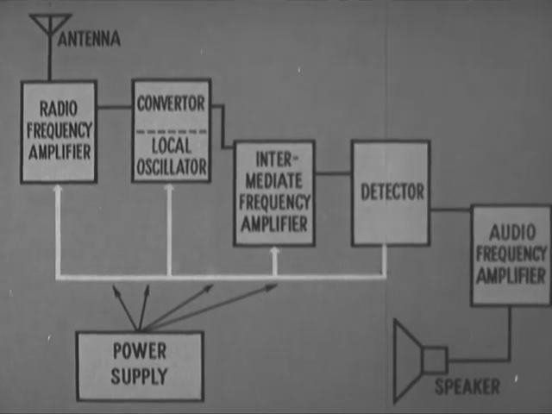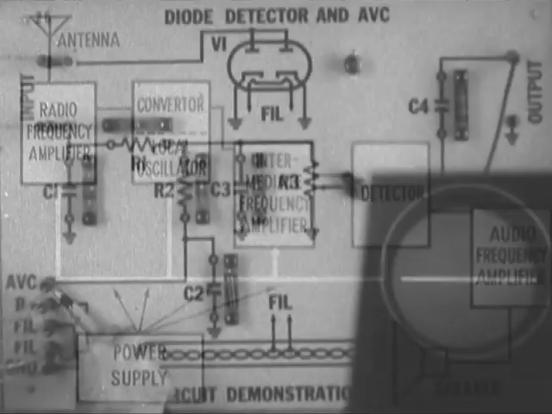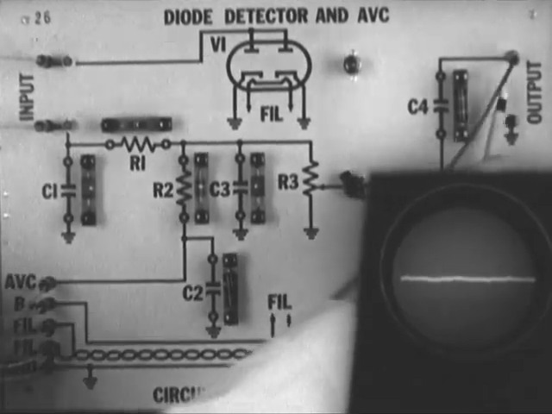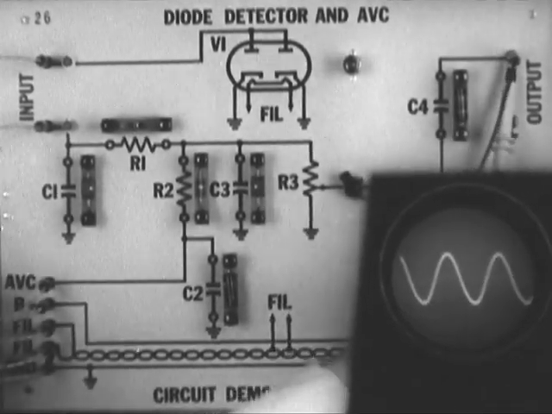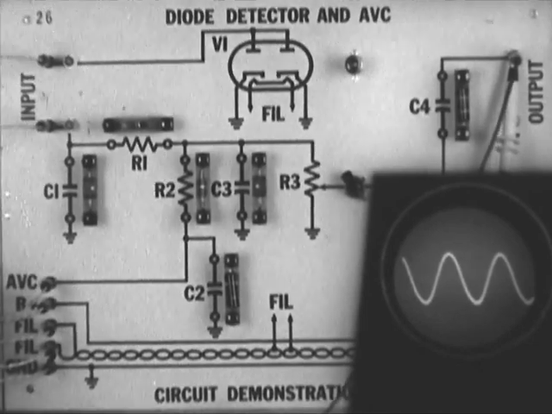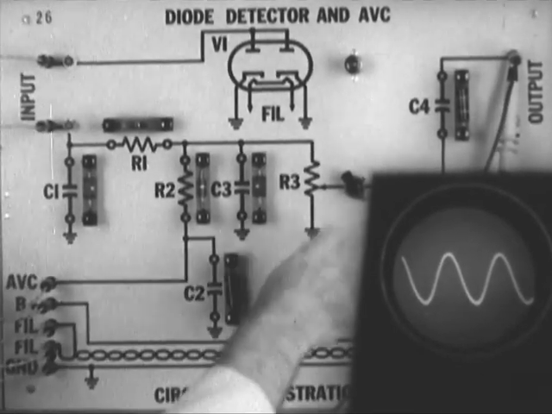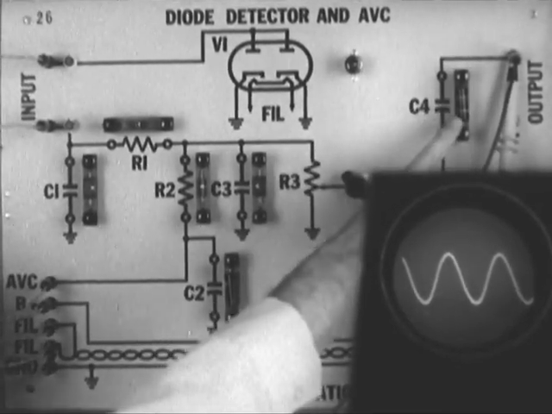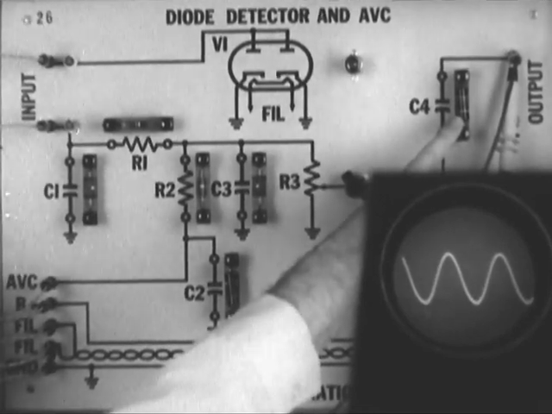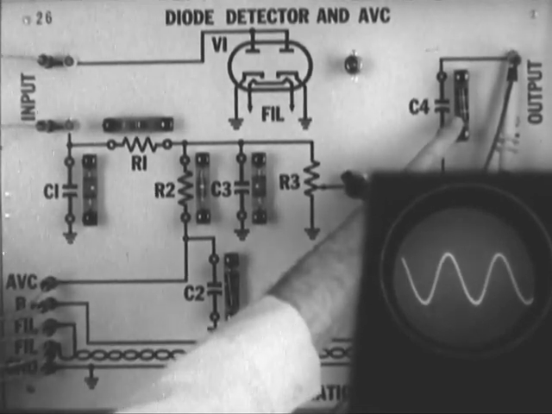The other output from our detector was the audio signal. This is fed through a coupling capacitor which removes the negative DC component and is fed to the grid of an audio voltage amplifier.